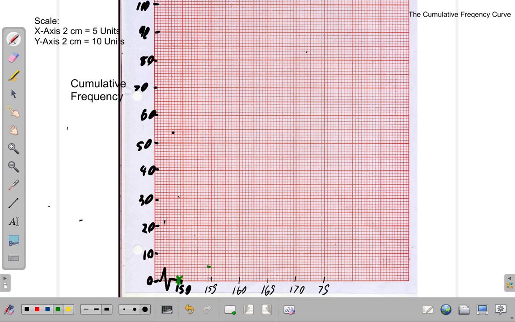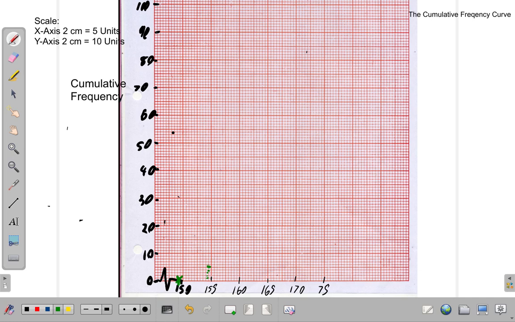Between 0 and 1 centimeter, you have 1, 2, 3, 4, 5 small squares. Now, if you have 5 small squares and they go up to 5, it means that 5 is divided into 5 equal parts. So each of these small squares represents 1. So it's 1, 2, 3, 4, 5. You can see that on your real graph paper.